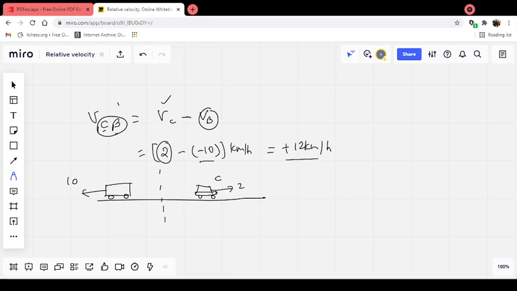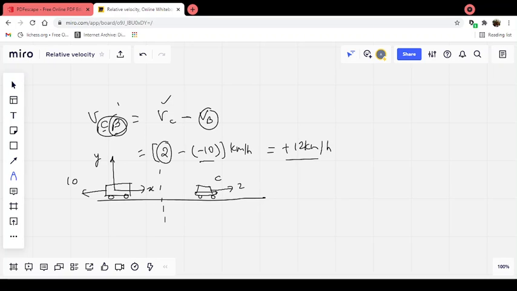So we know that the positive direction is the right one. As we are observing with the bus, let us fix a frame of reference with respect to the bus. So this is the x direction, this is the y direction. We have taken the rightward direction as positive, which is the convention, and the upward direction as positive y-axis.